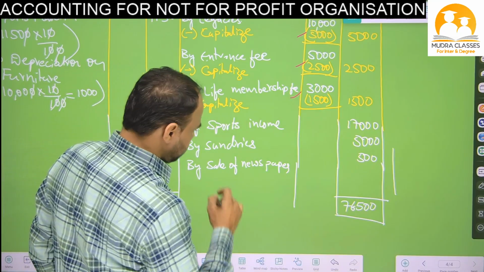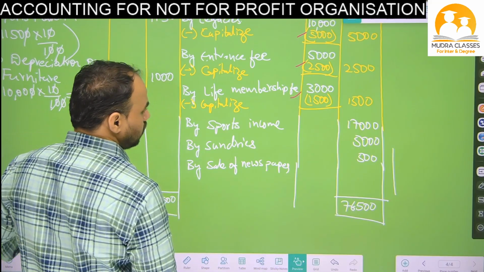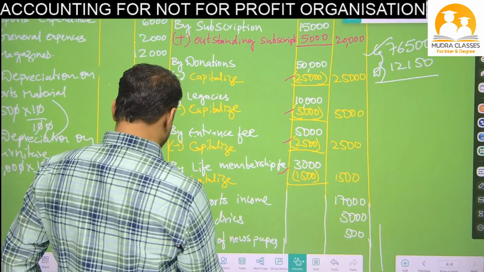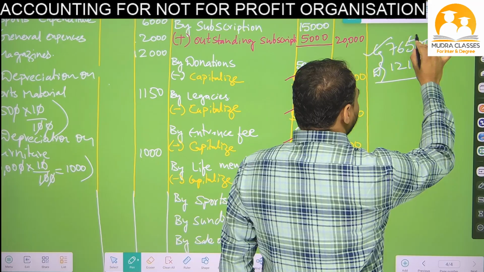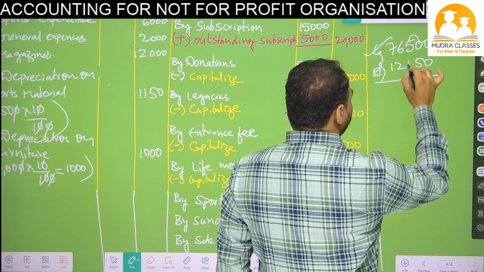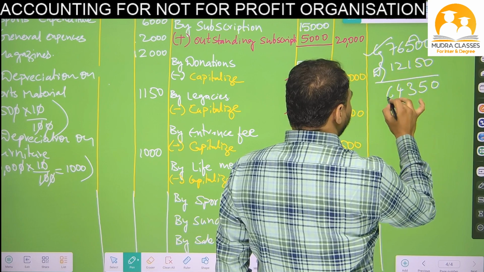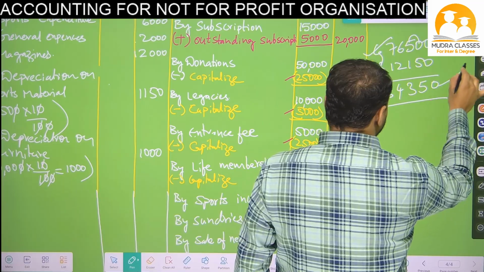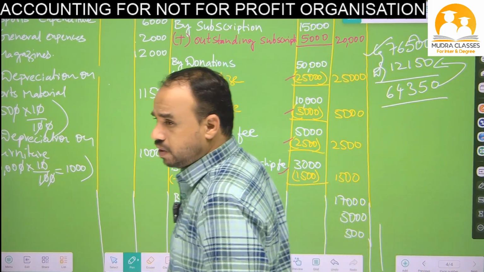Now do minus from big amount to small amount. So let's see, 0 minus 0, 0, 10 minus 5, 5, 4 minus 1, 3, 6 minus 2, 4, 7 minus 1, 6. So how much did we get? 64,350. In debit and credit, which is the smallest amount? Debit side.